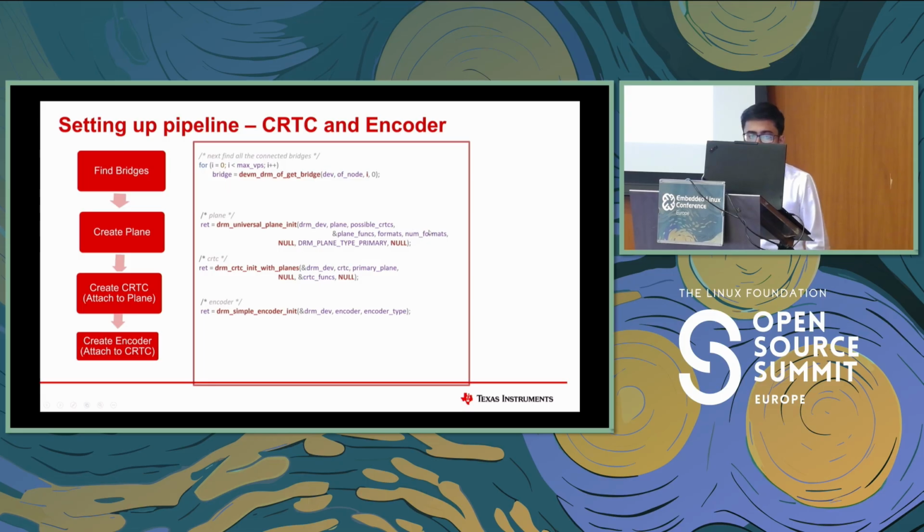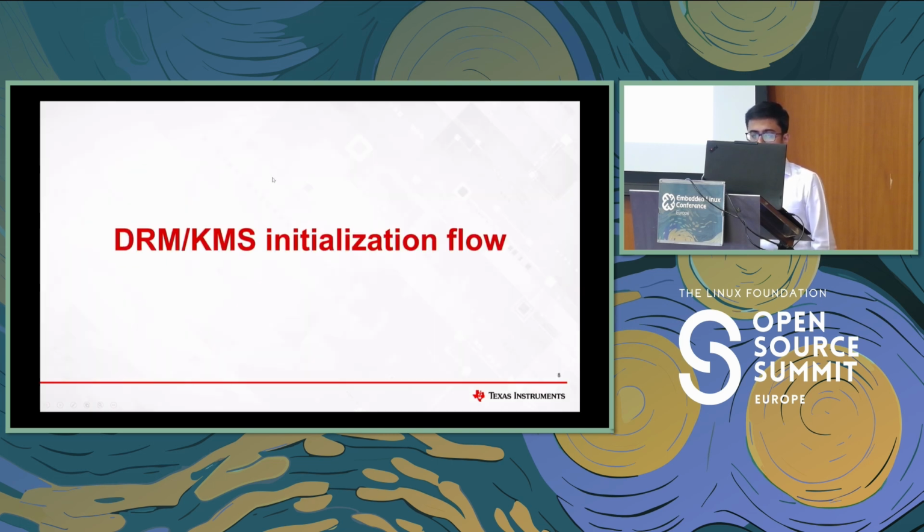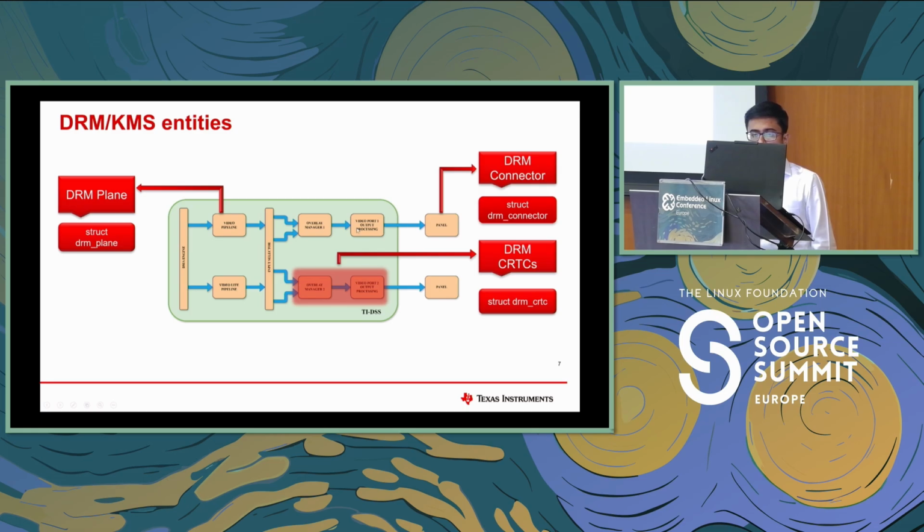All right, so we'll first go through the basic DRM initialization flow, and that might give us a clue on how we can add support for two display controllers. At first, how many video ports are there? For example, in the previous slide, we had two video ports.